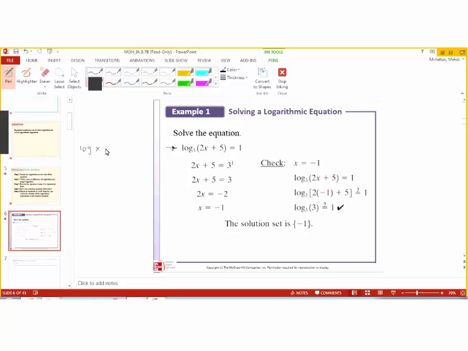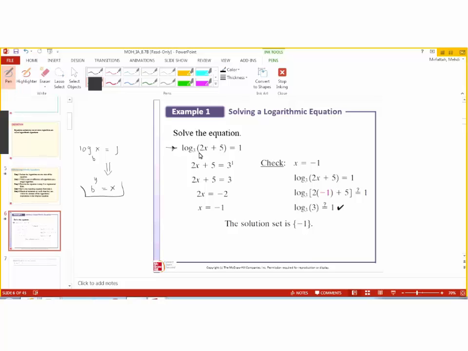If I have log of x equal to y with the base b, we learned how to change this to the exponential. That's the same as b to the power of y is equal to x.